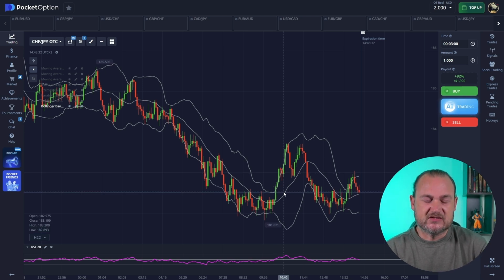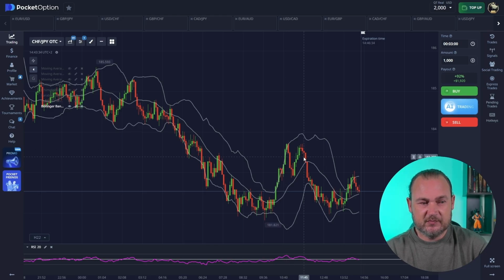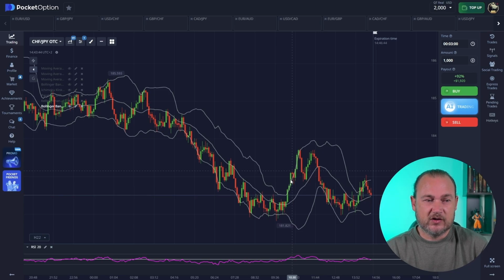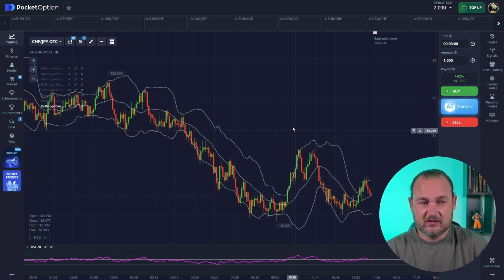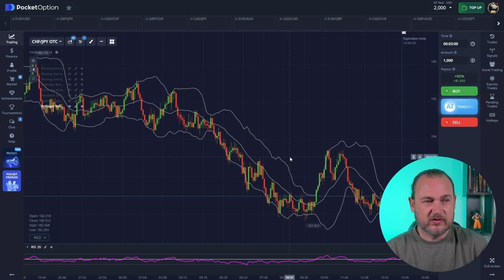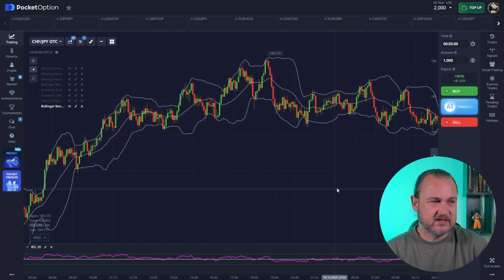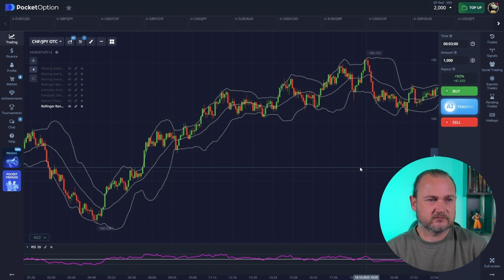So it shows us volatility of price. When these bands are opening up, we know there's a lot of volatility. When the bands are getting closer towards each other, we can see that volatility is decreasing. So while the bands are opening up, volatility is increasing, and when they are contracting, the price is smoothing out.